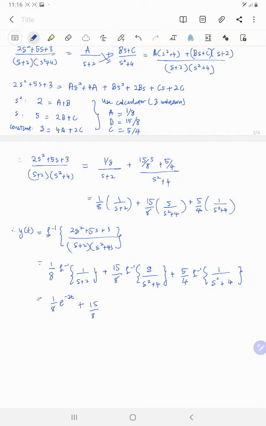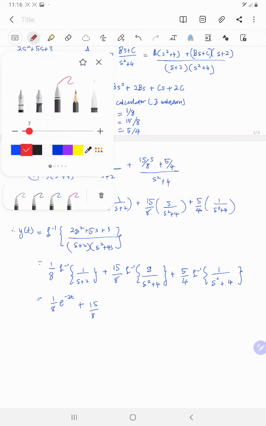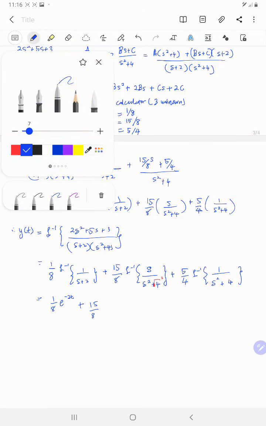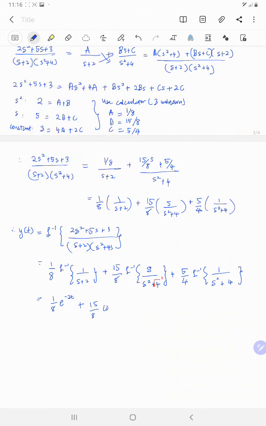There is s squared plus 4, s squared plus constant. At the top there is s, so this must be cos. Cos what? Square root of 4 is always 2. Don't worry, if you write it like this also can, no problem.